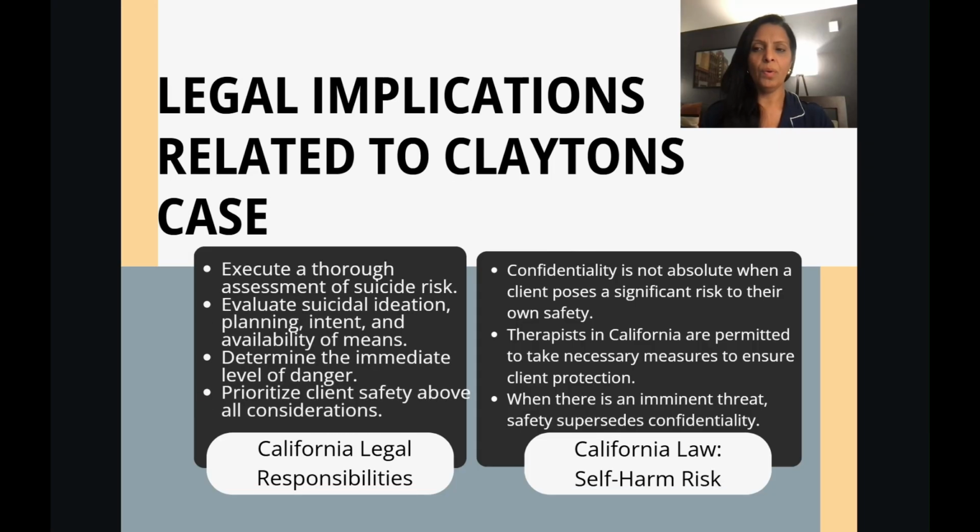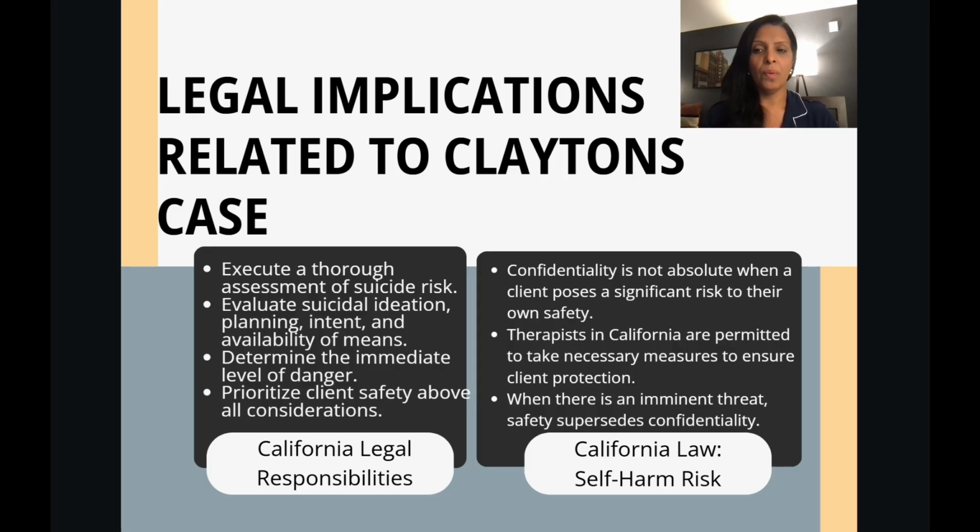One of our primary responsibilities is to complete a comprehensive suicide risk assessment whenever a client presents with concerns about self harm. This includes evaluating suicidal thoughts and determining the client's immediate risk for danger. Another important legal responsibility is understanding that confidentiality has limits.